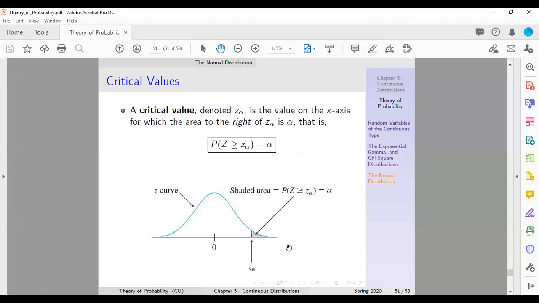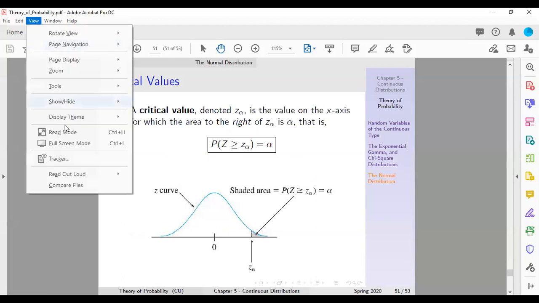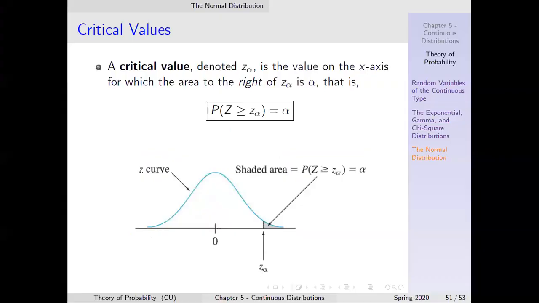One thing that is important, and we've alluded to this, especially with the chi-squared distribution, are critical values. A critical value, which we denote by Z sub alpha, is simply a number on the x-axis within the standard normal distribution.